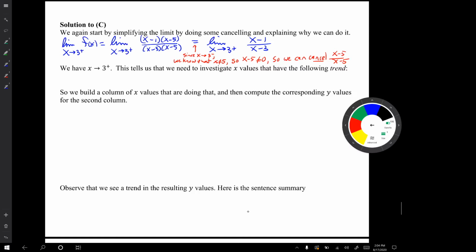So we need to make a table of values to investigate this simpler limit. So we're going to need some x values. We need to have x values that have the following trend. X has to be getting closer and closer to 3, but greater than 3.